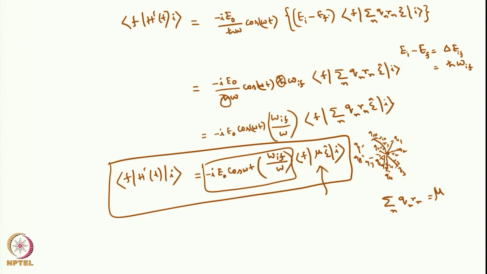By the way, for an atom its permanent dipole moment is 0, but this is not the permanent dipole moment. You must understand mu is not equal to mu naught. We will come to that at some later time, but essentially the initial and final states will couple with respect to the projection of the dipole moment along the electric field vector.